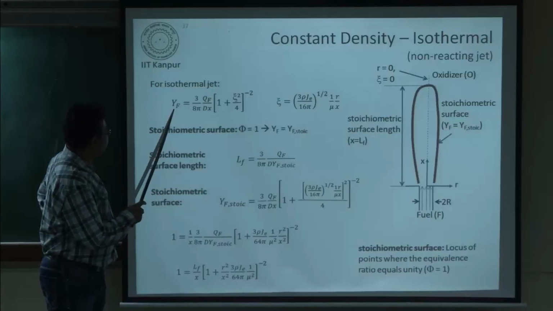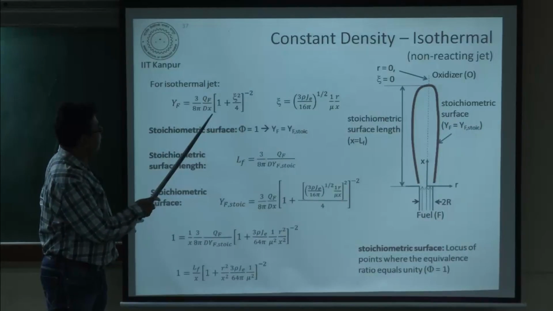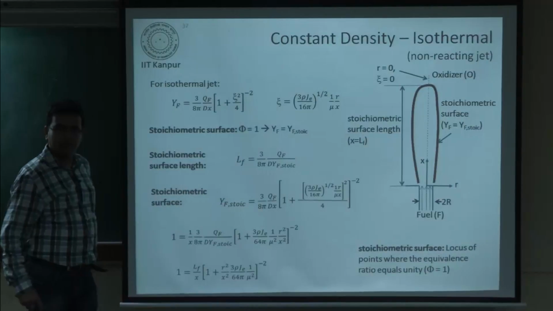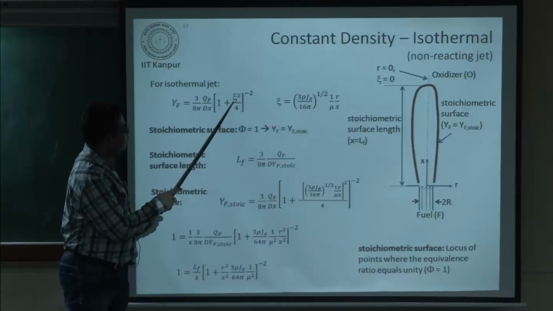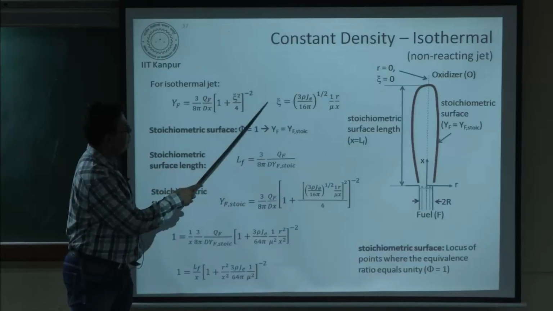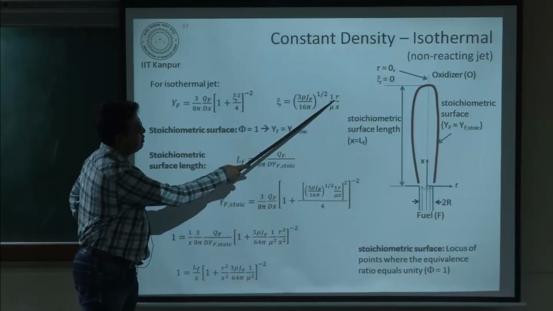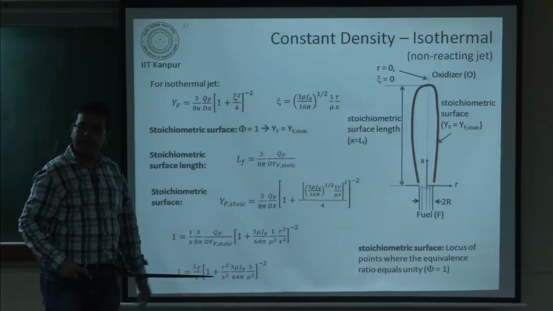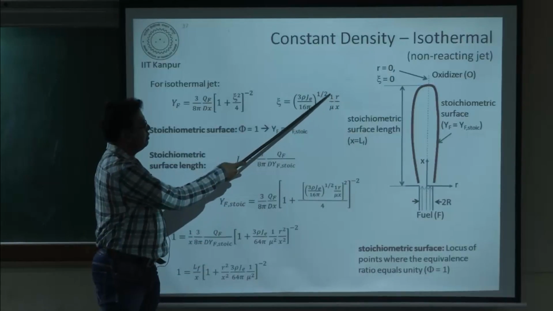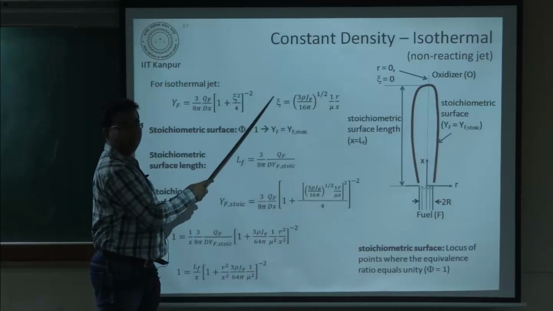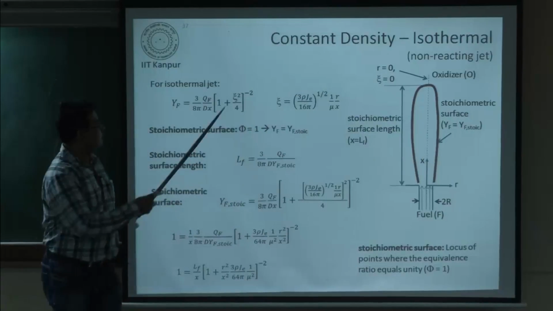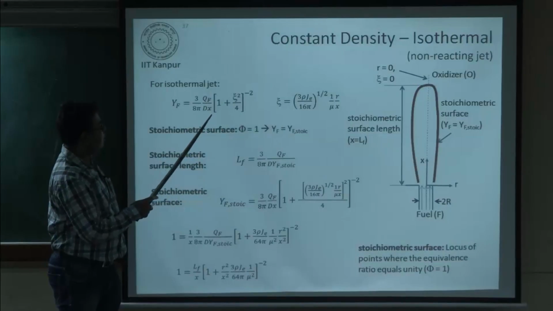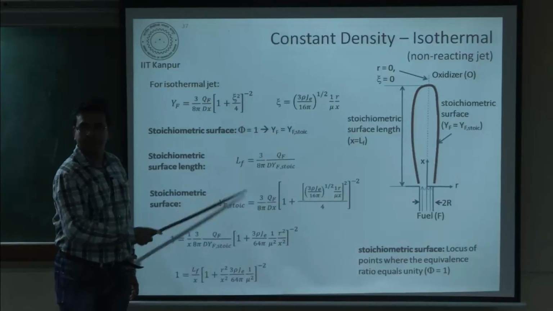So, I will substitute yf equal to yf stoichiometric and x equal to Lf, and then I can get an expression for Lf. If you closely look at the similarity variable zeta, and I put r equal to 0, since we are at the center line, then this term will be dropped, and you can calculate your distance Lf.